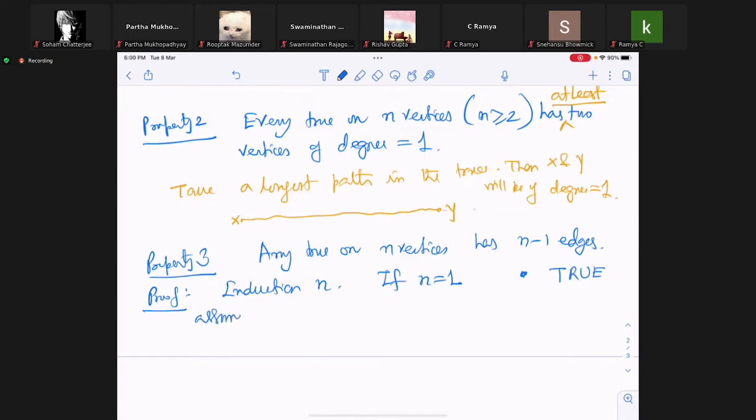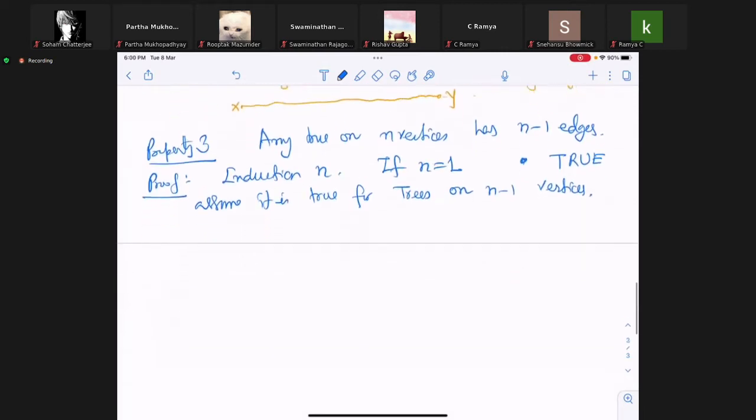Assume it's true for trees on n minus 1 vertices. So let T be a tree on n vertices.